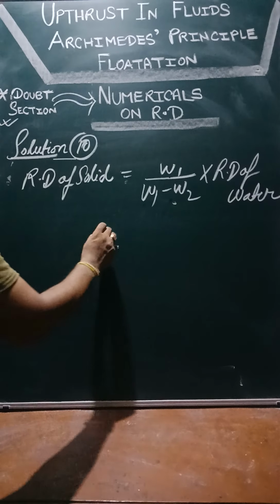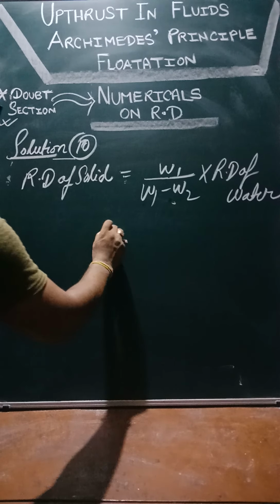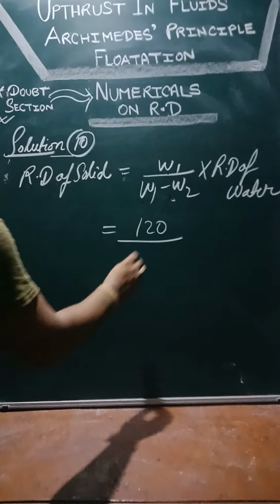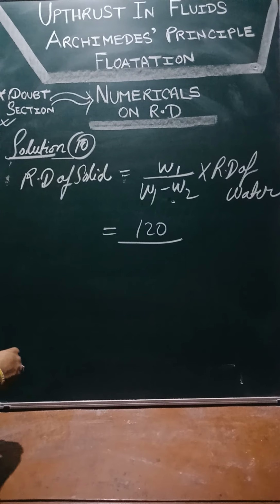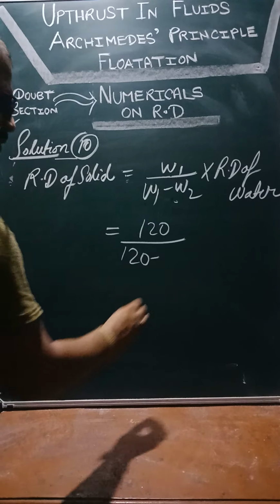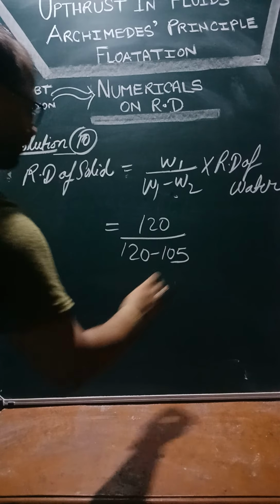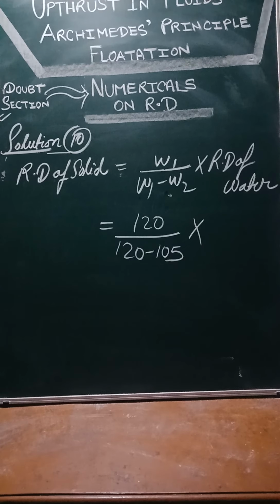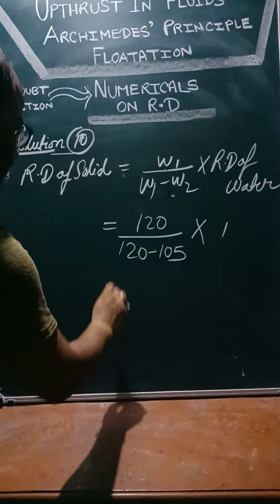Let's place the values. The value of W1 is 120 as per the question. W1 again is 120. The value of W2 is 105. And the relative density of water is 1.